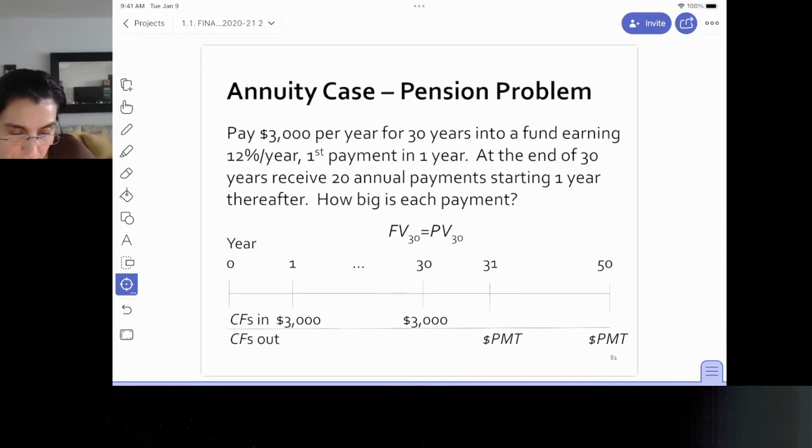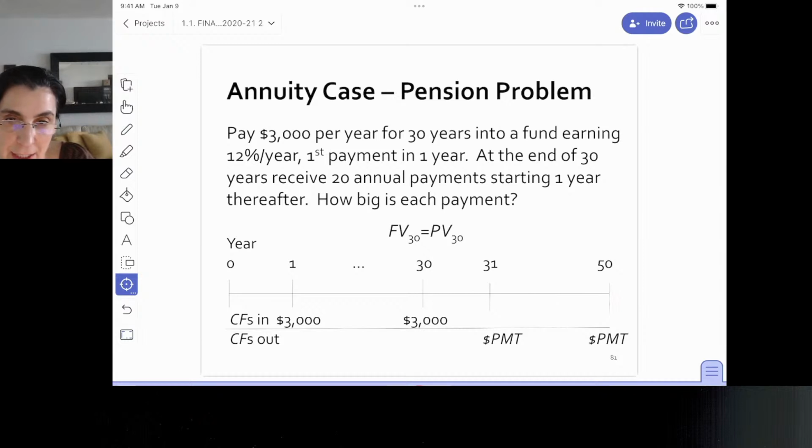So let's find out how big each payment is. From the very first day, I explained to you that every position on the timeline has dual perspective. It can be considered the future value of a set of cash flows, but it can also be seen as the present value of cash flows to come.